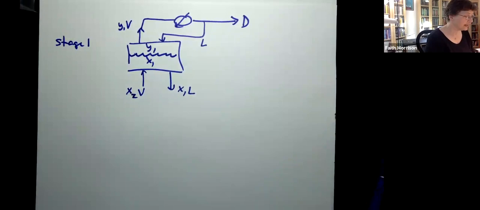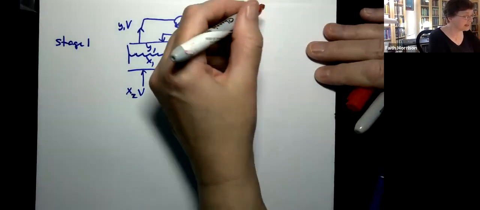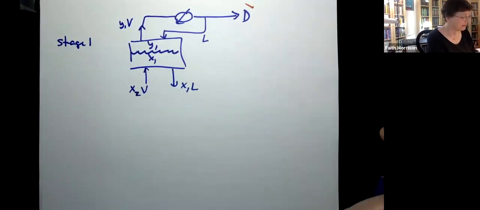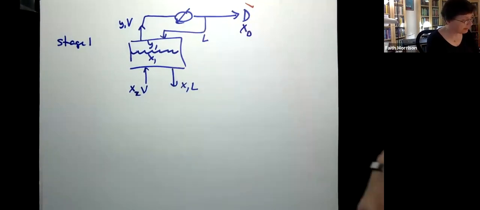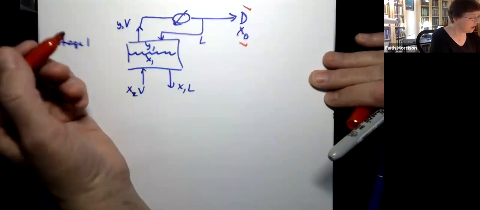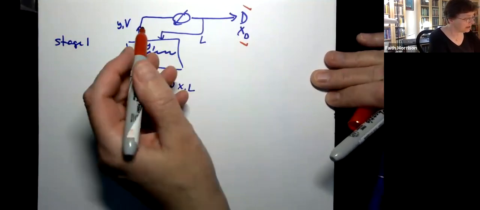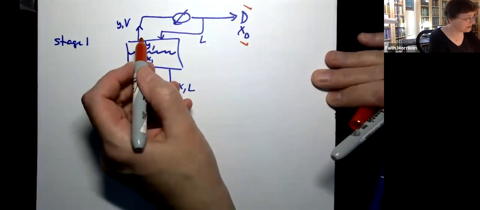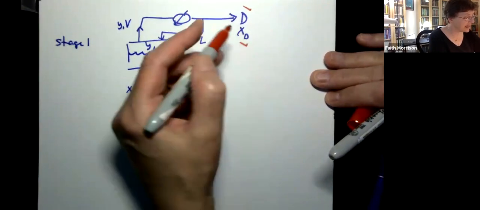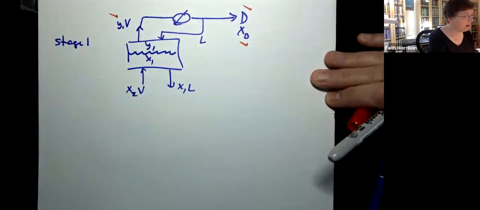So I'm just going to check off the things we know. We can do the overall balance to get the total flow of the distillate. We were given the molar composition of the distillate. We know, because this stream y1 totally condenses, it must have the composition xD, so we know y1.